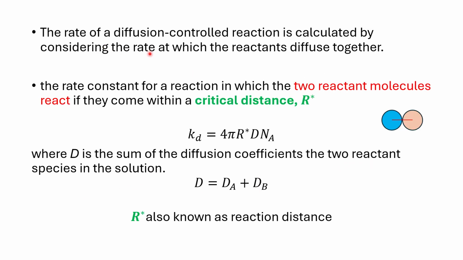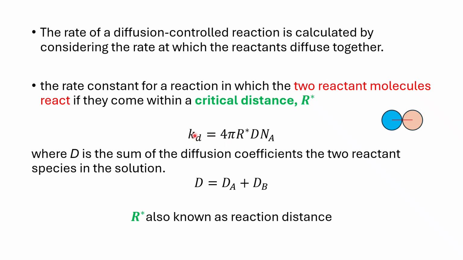The rate of a diffusion control reaction in a bimolecular reaction is calculated by considering the rate at which the reactants diffuse together. The rate constant is for the reaction in which the two reactant molecules react if they come within a critical distance R star. So if reactant A and reactant B come to a critical distance, known as the reaction distance, then they will form the product.